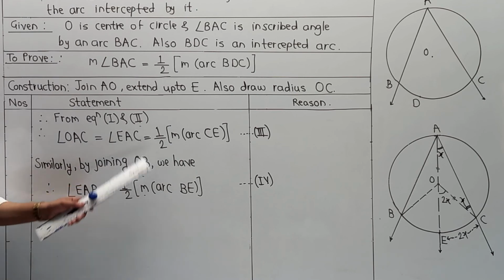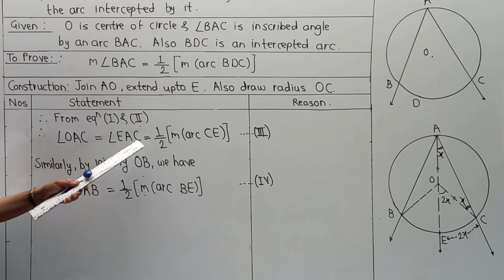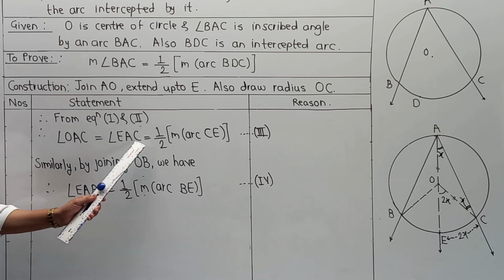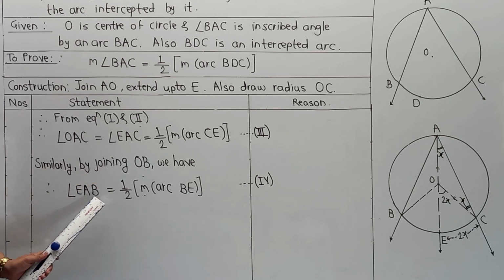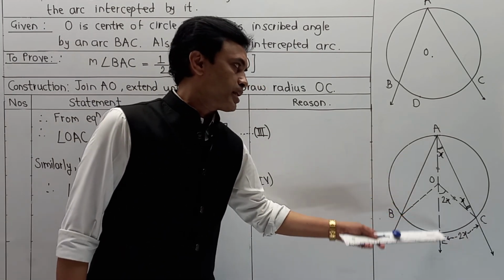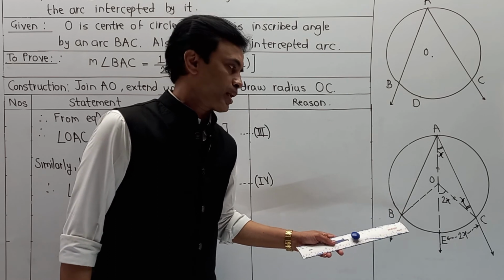Now, from equations 3 and 4, we have to make the mathematical addition. That means EAC plus EAB. I am going to add these two angles.